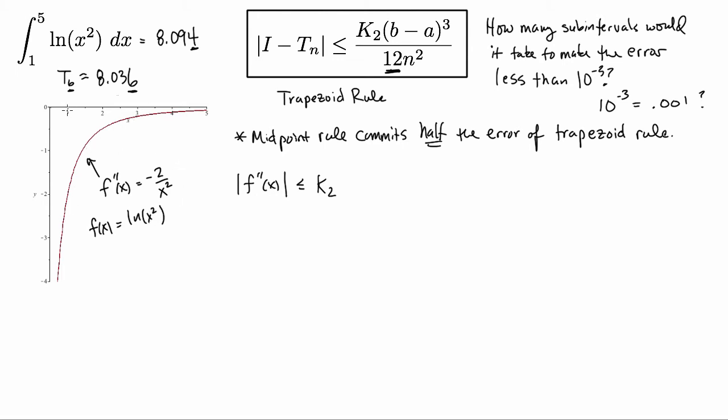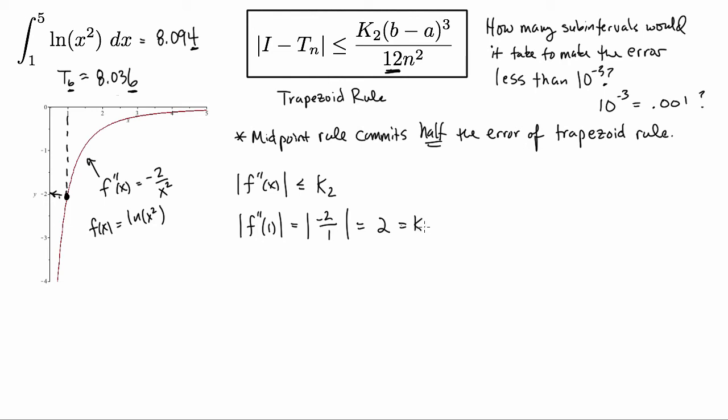And so the furthest away from 0 that this gets is at the point 1, and at the point 1 we are at a value of negative 2. And so K2 is the absolute value of this at the point 1, which is negative 2 over 1, which is 2.